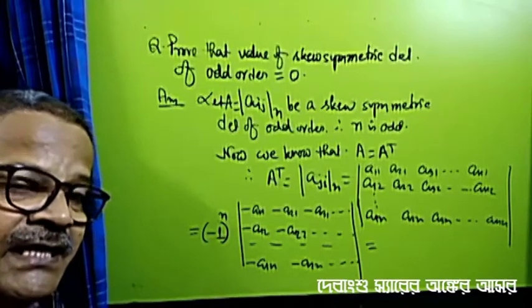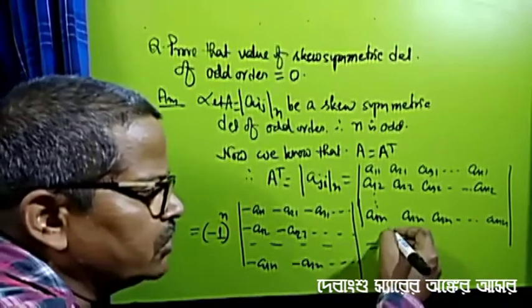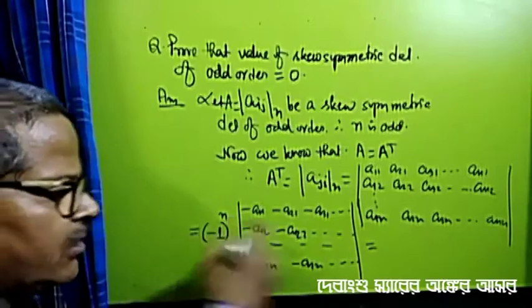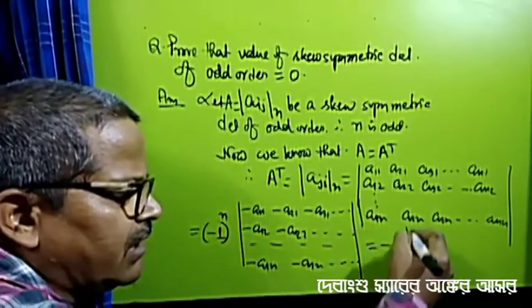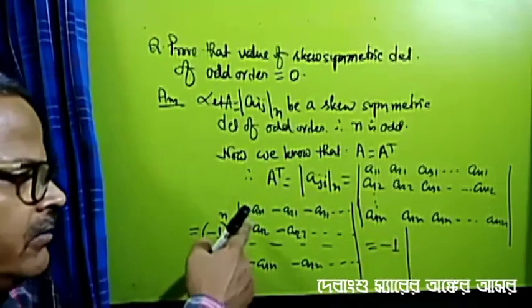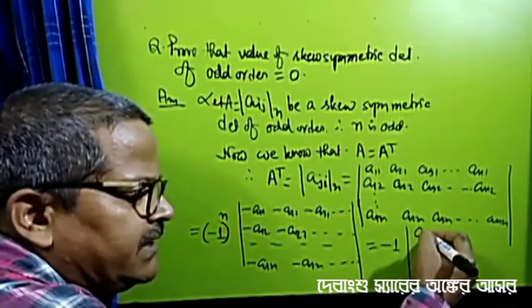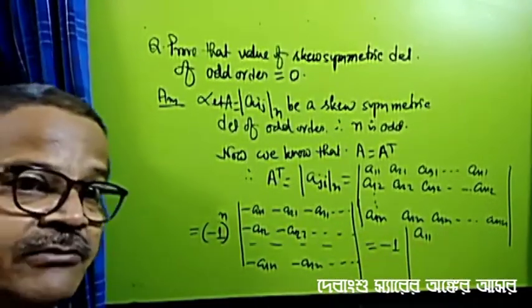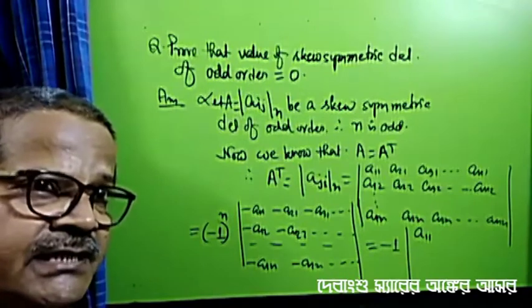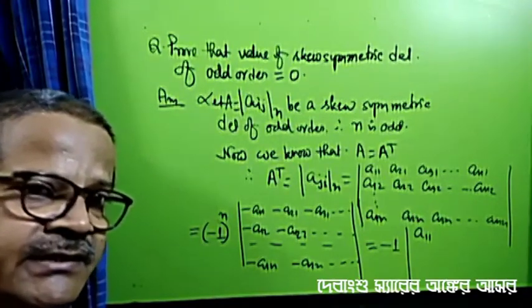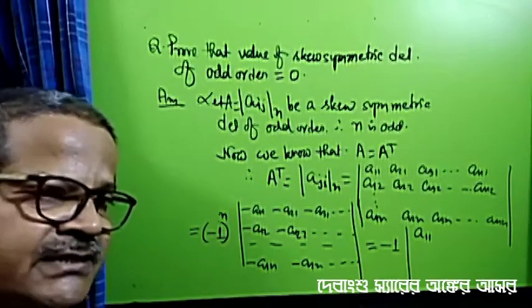-Aij is Aji. So that equals, since n is odd, -1 into, now -A11 becomes plus A11. Here when i and j are interchanged, the sign changes: Aij is equal to -Aji.